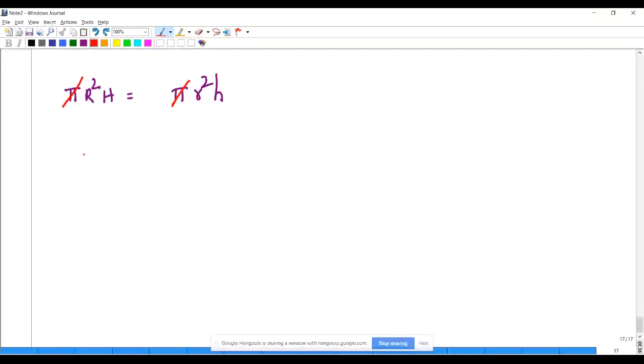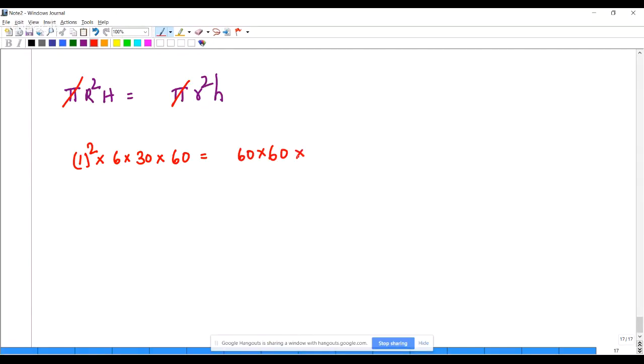Diameter is 2, so definitely radius is 1. Now height is nothing but the length, and it is 6 meters per second. How many seconds is given? It is given that it is 30 minutes. So 6 into 30 minutes into each minute is 60 seconds is equal to base radius is 60 into 60.